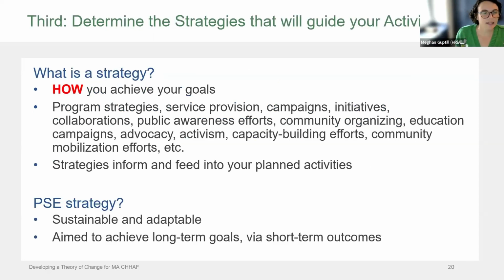And then finally, you have your strategies. So again, working backwards. A strategy is how you're going to achieve those goals and outcomes. So strategies for you all might include program strategies, providing services, doing different sorts of advocacy campaigns, building collaborations, doing capacity building training, really any of the things that you all are doing within your work, you should think about them as strategies.